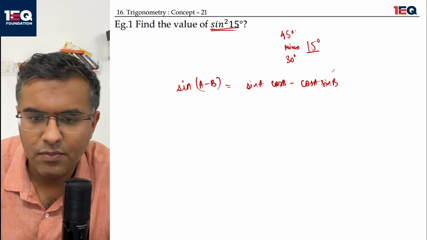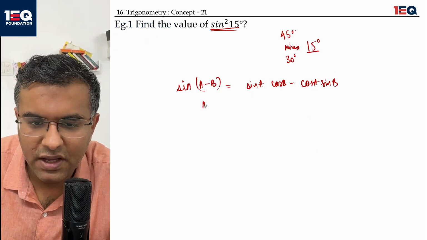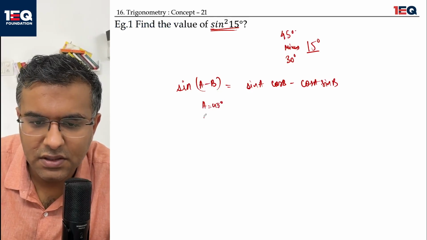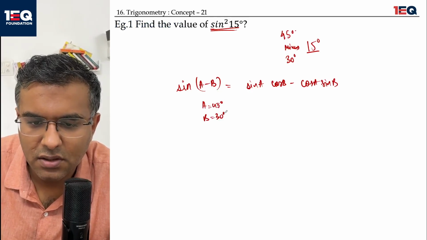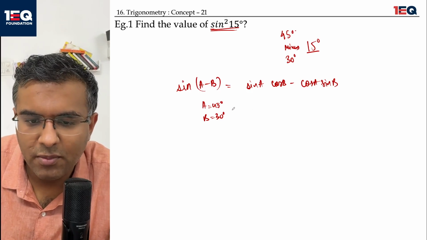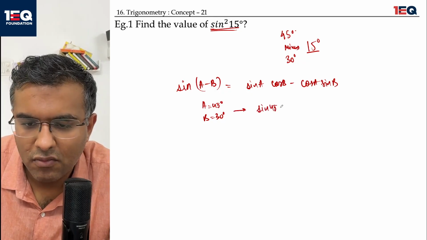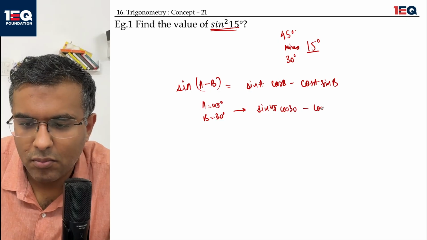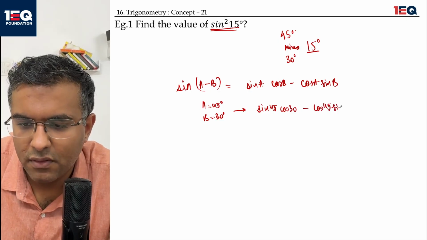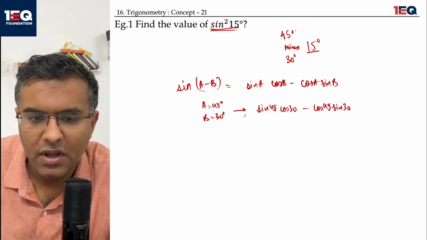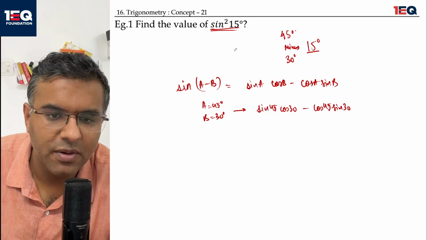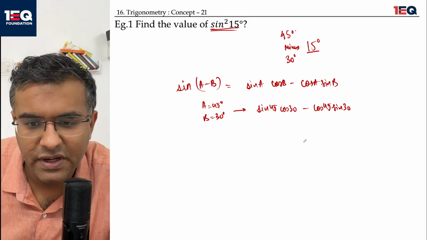Yes. So here we have a as 45 degrees and b as 30 degrees. So I can say this is sine 45 cos 30 minus cos 45 sin 30, and I'll ultimately do a whole square to it because it's asking me the value of sine square 15 degrees.